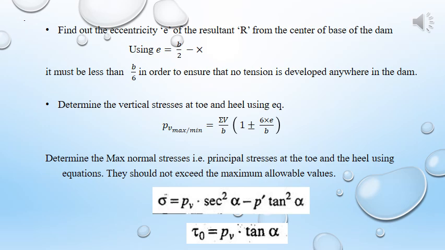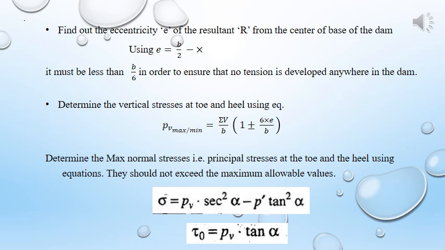So, this comes out as P v minimum at heel, and compute the principal and shear stress developed at the toe and heel of the dam by making use of these equations. So, sigma, that is the principal stress, is equal to P v sec square alpha minus P dash tan square alpha.